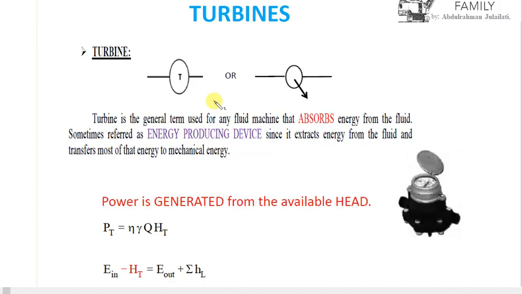This one, the turbine, decreases the energy. So we will put it minus. The only difference is that we put it minus in our equations. So minus head of the turbine. For power of turbine, it is efficiency times gamma Q H_T.